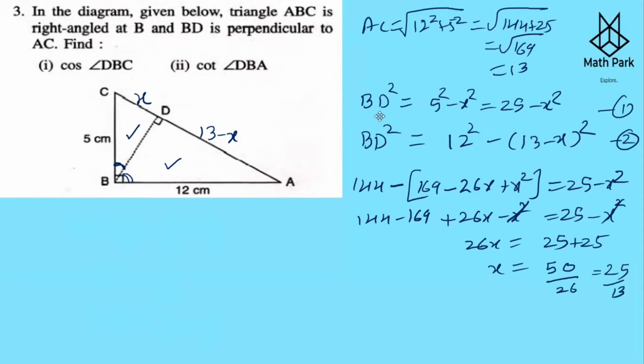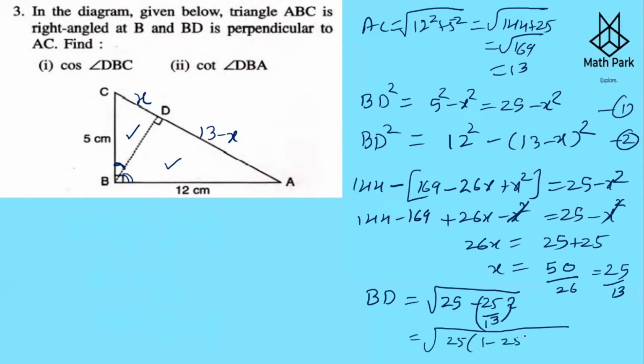We need to find the value of BD now. So we will be putting it in one of the equations. We'll have BD is equal to square root of 25 minus 25 by 13 the whole square. So let us take 25 common inside the bracket. So 25 in bracket 1 minus 25 upon 13 square, which was 169.